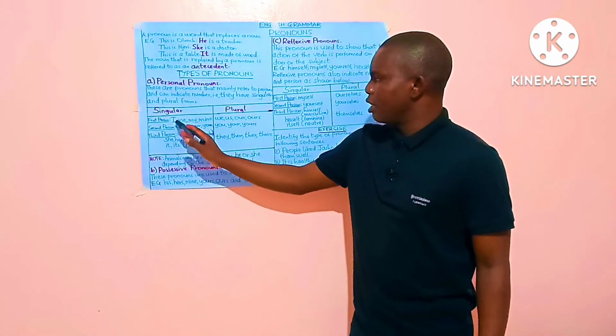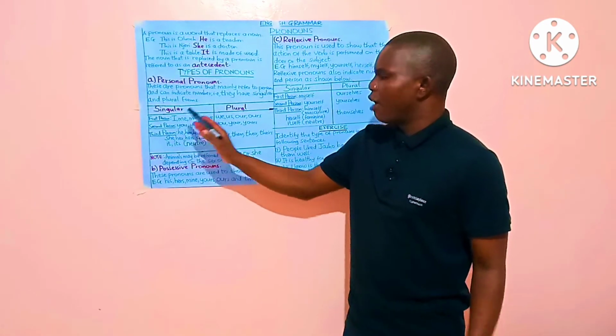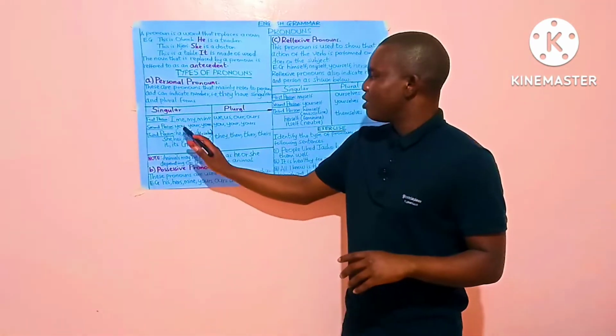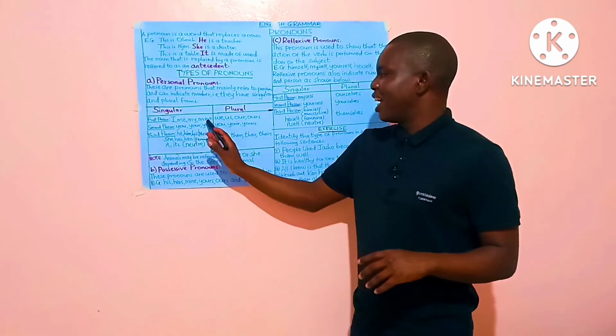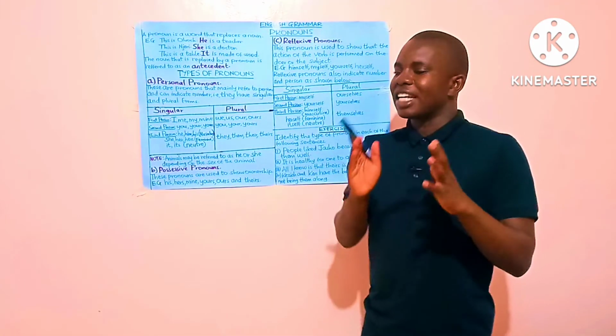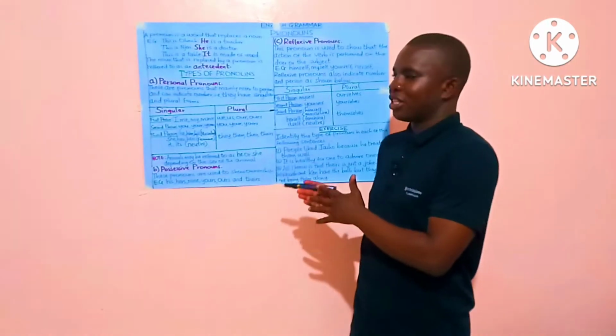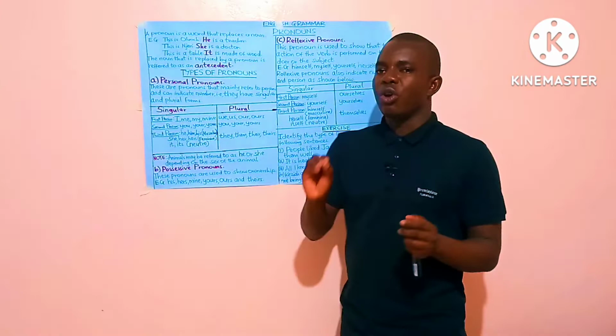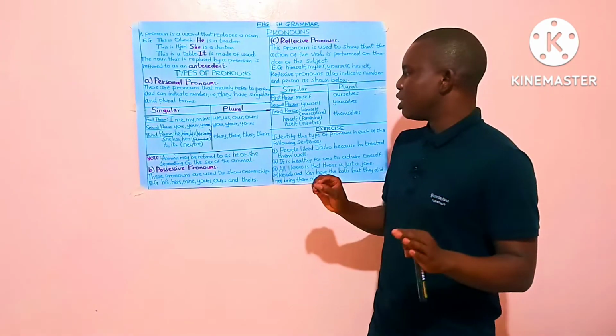In singular, the pronouns that we can use are I, me, my, and mine. In plural, we, us, our, and ours. In the second person, we have you, your, and yours.